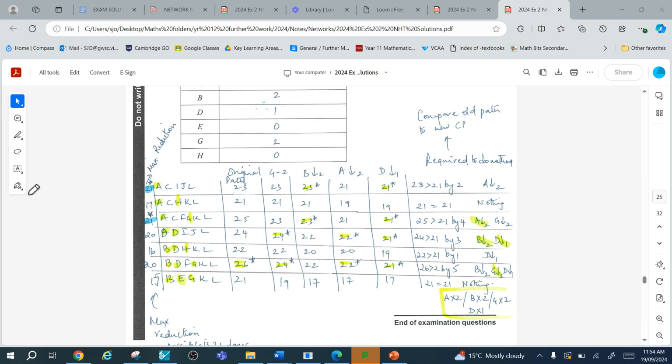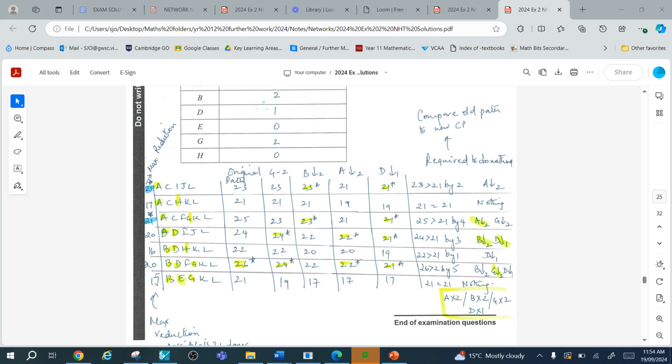I go down the maximum reduction of G, and because it's 2, 26 reduces to 24, and every other path which has a G in it also reduces by 1, giving me 23, 21, 23, 24, 22, 24, and 19. Now we have 2 critical paths of 24.